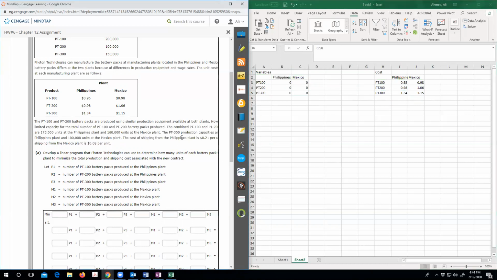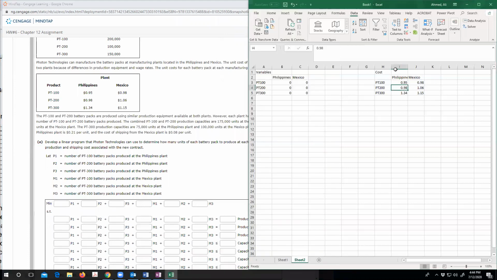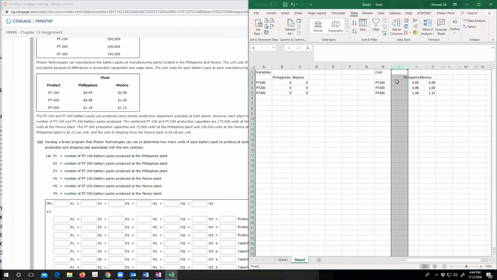What I missed here is another piece of information: the cost of shipping from the Philippines plant is 0.21 per unit. So there's a cost of shipping.